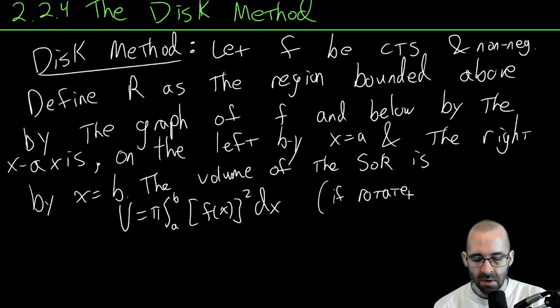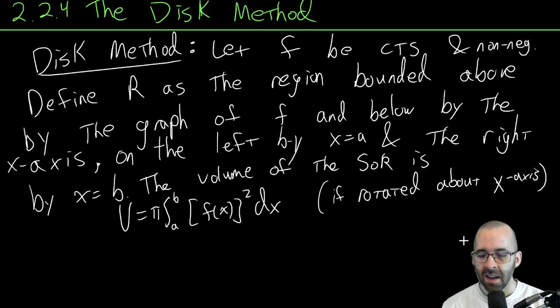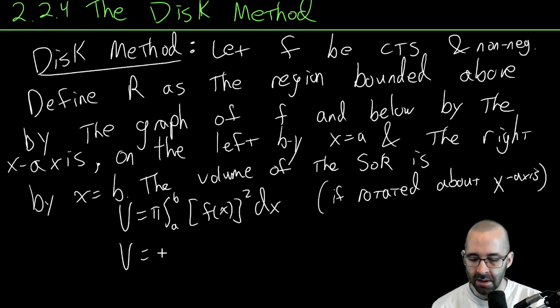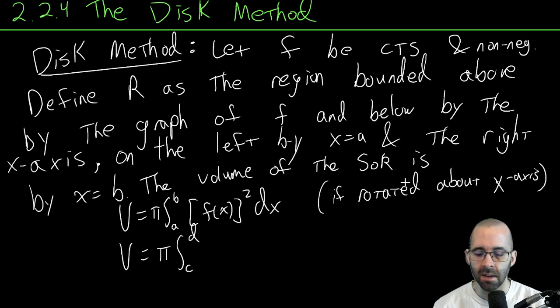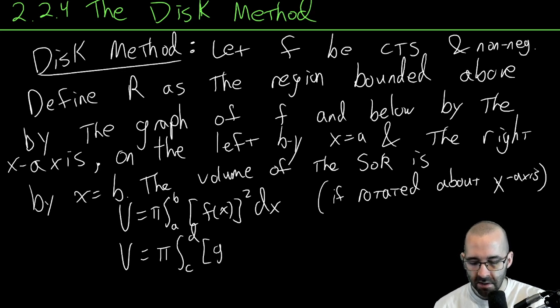And special note, if rotated about the y-axis, we have a very, very similar formula. C to D, again, it's the same region bounded, but C and D are going to be a little different. And now it's just going to be some function, we'll use f, I guess, of y dy.